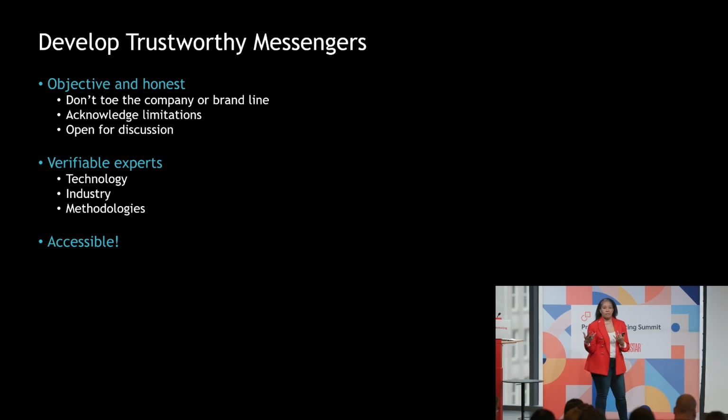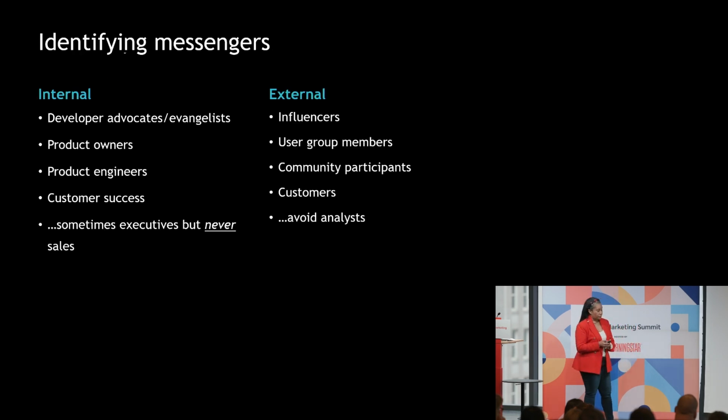It's another thing to have an evangelist or your messengers be engaged and have a back and forth, have the two-way communication that will bring in your developer and your technical audiences, get them to have conversations, because not only does that help your audience become more comfortable with your products, it also gives you feedback of what's going on in the market, because we're always listening, we're always trying to find the competitive advantage, use cases, et cetera.